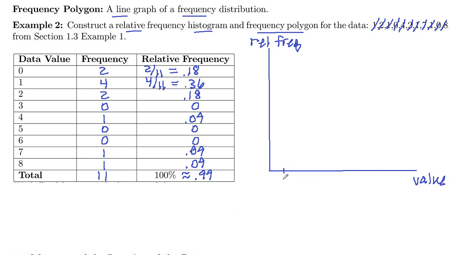So since each bar is going to represent just one value, we'll center the bars over the values, 0 through 8. And our relative frequencies go up to a high of 0.36. So let's try 0.1, 0.2, 0.3, 0.4.